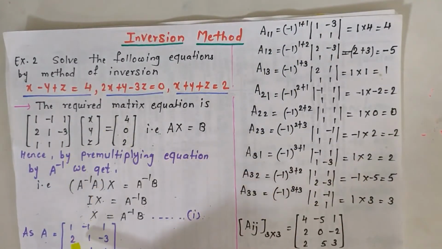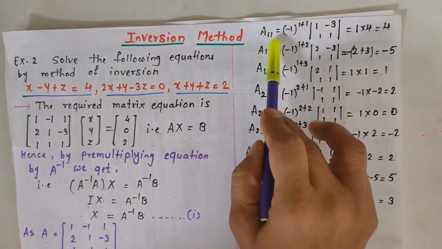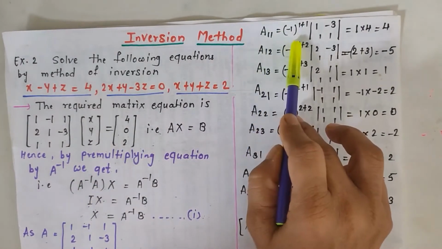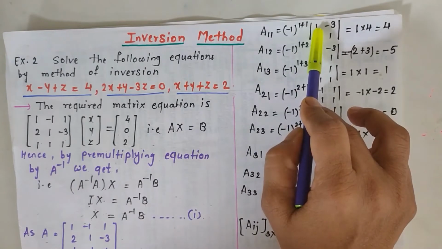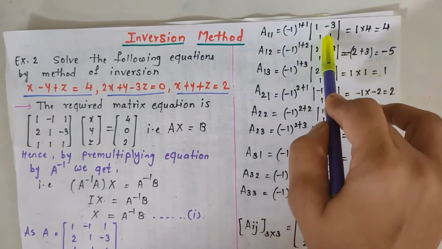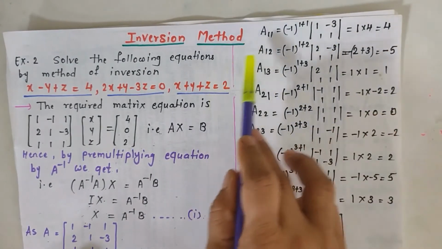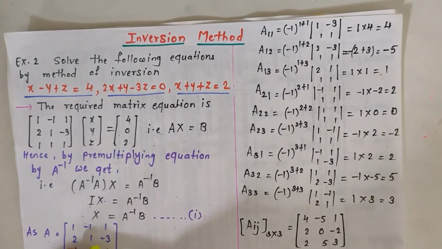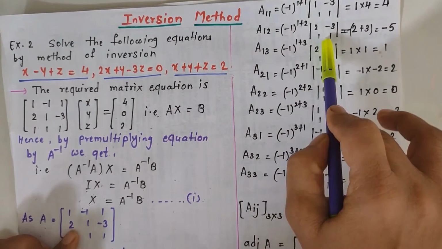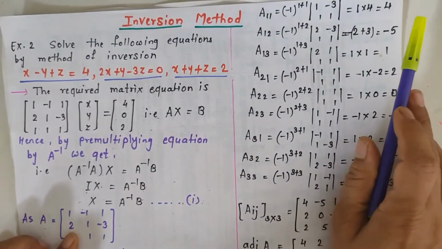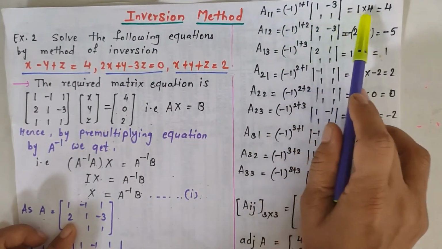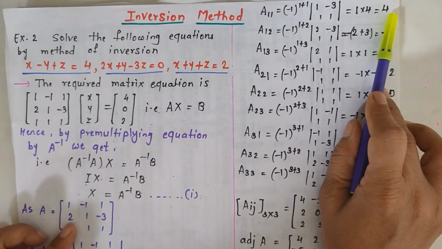the cofactor of the first element 1 is denoted by A11 is equal to minus 1 raised to 1 plus 1 into its minor, by eliminating the first row and first column. The value of the determinant |1 minus 3; 1 1| is, by calculating this, 1 into 4 is equal to 4.